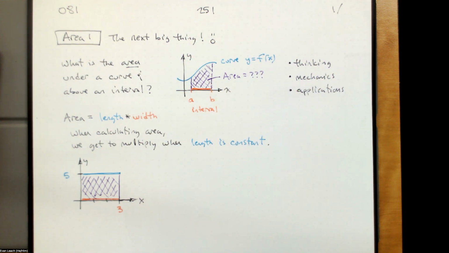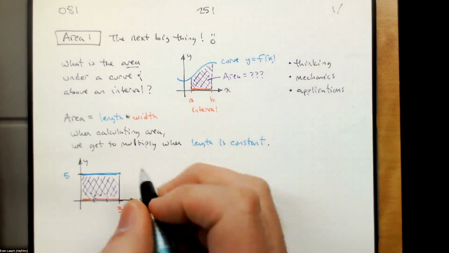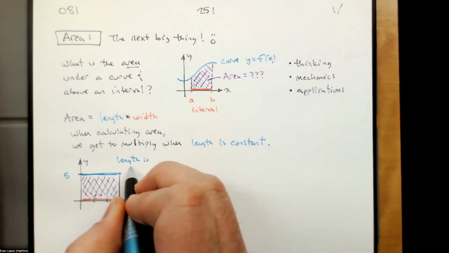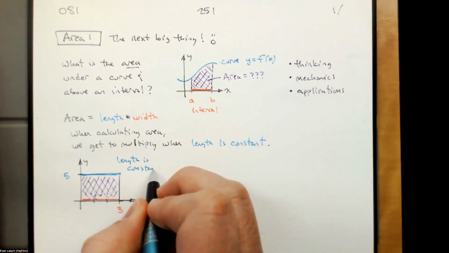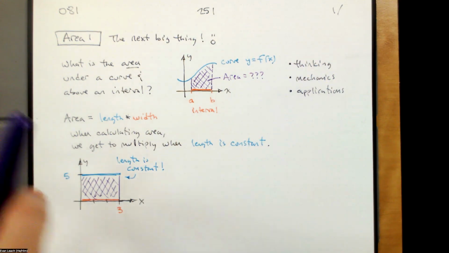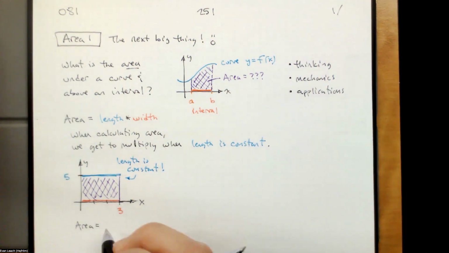So this is what I mean by length is constant, it's flat. So we get to do length times width.